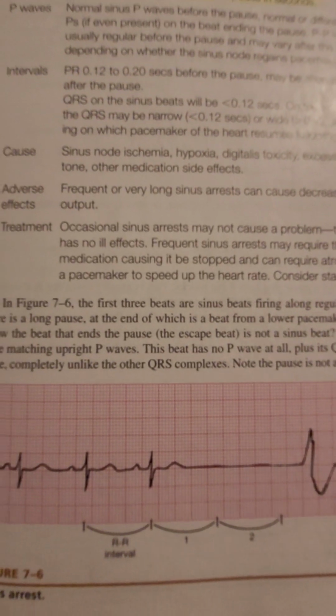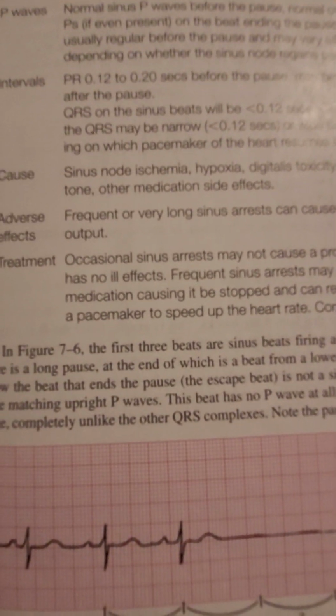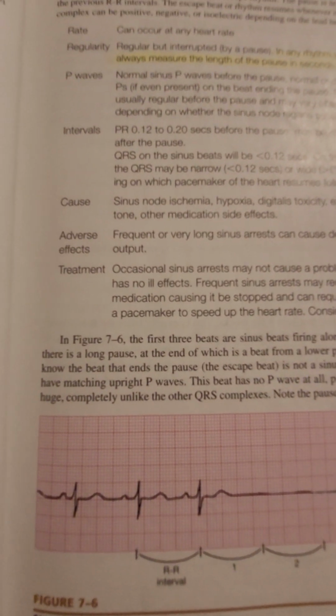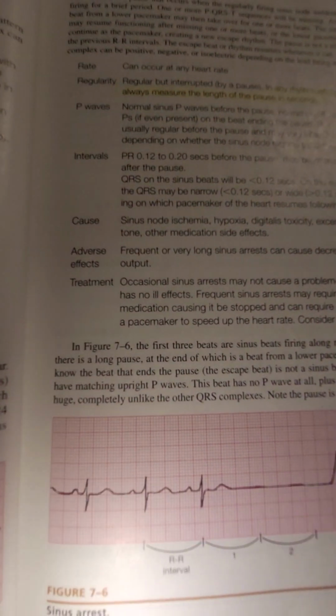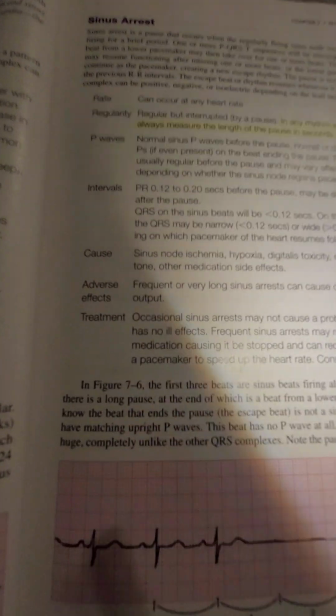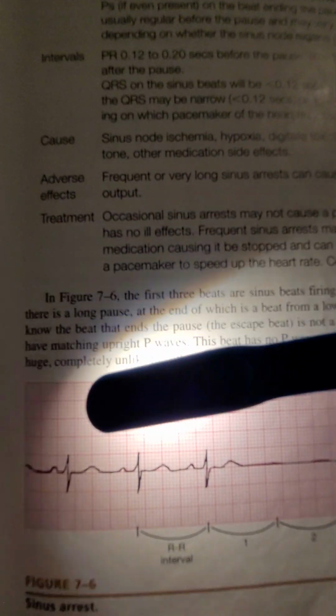So bottom line, for pauses or sinus arrest, sinus block, I would consider them both pauses. So bottom line is they should be having an underlying rhythm. In this case, like I said, this would be sinus rhythm or sinus Brady, depending on the heart rate.